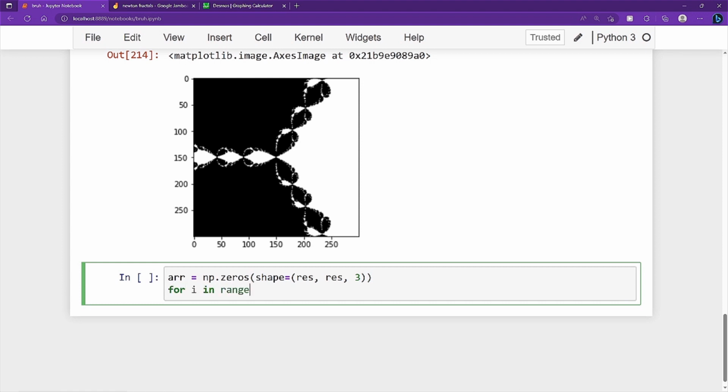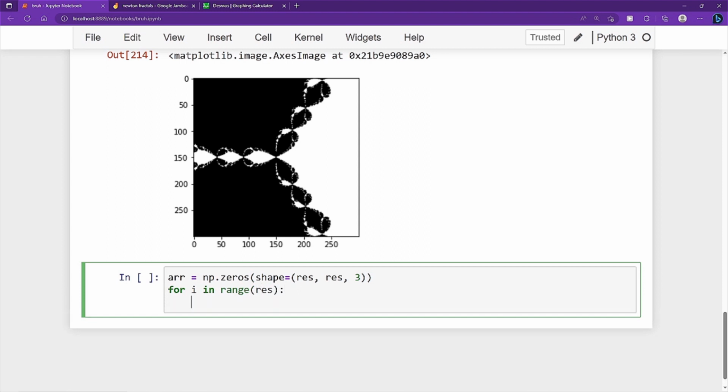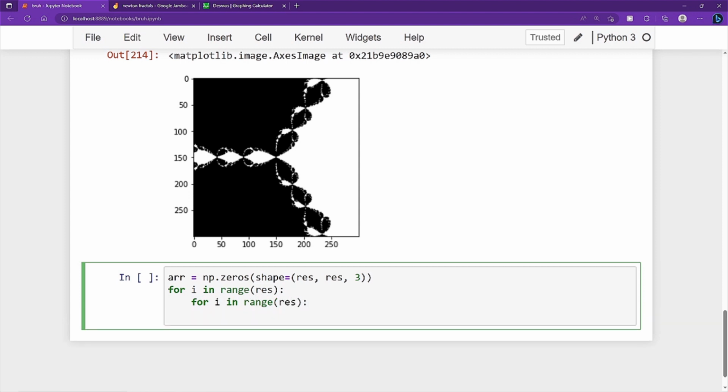So for i in range resolution, in this case for i in range res, we're going to check if Z1 of i of j is equal to true. I can just do this, but just to show you.